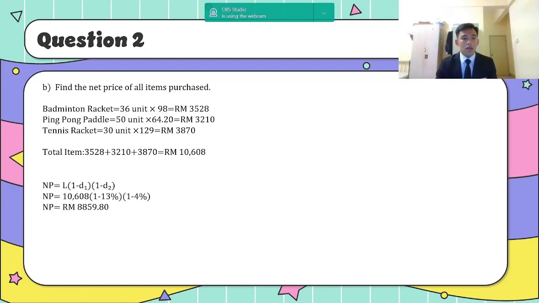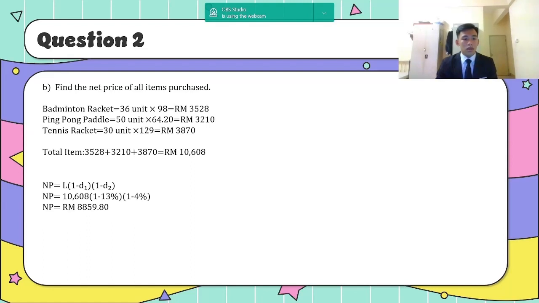Tennis racket is equal to 30 units multiplied by RM129 is equal to RM3,870. Total items: 3,528 plus 3,210 plus 3,870 is equal to RM10,608.